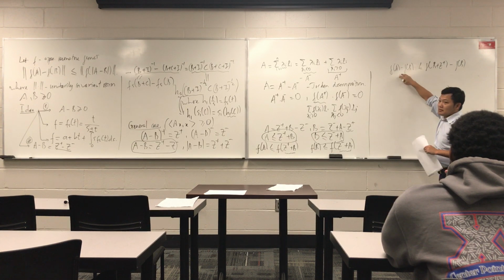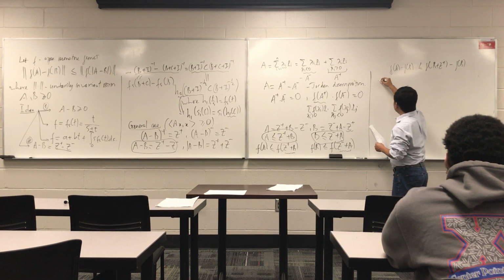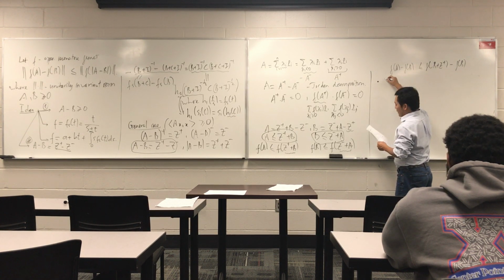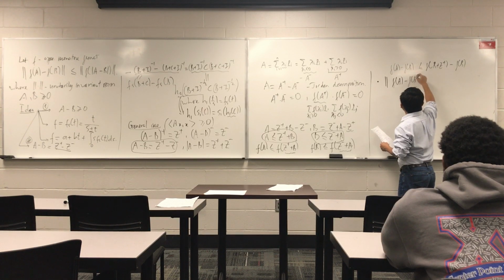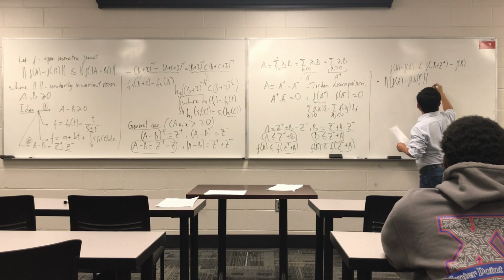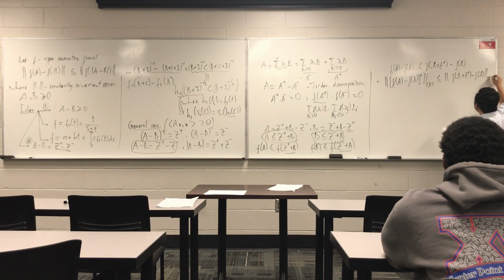This is clear. And then from here, let's say f of A minus f of B, and you take the positive part, right? And you apply the Ky Fan norm. This is less than or equal to the Ky Fan norm of f of B plus Z plus minus f of B.